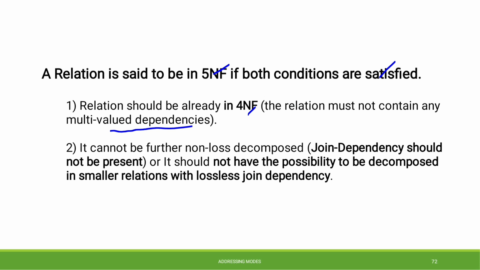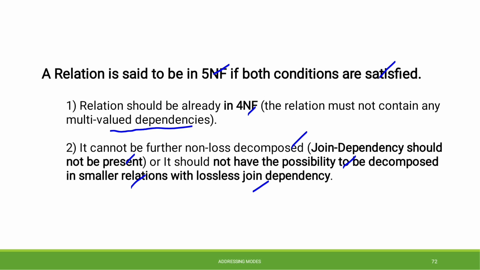Second, it cannot be further non-loss decomposed, meaning join dependency should not be present. In other words, there should not be any possibility to decompose the relation into smaller relations with lossless join dependency.